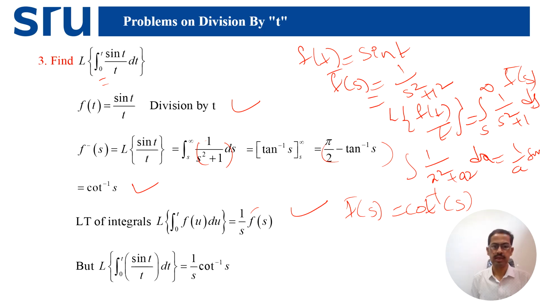Now the Laplace transform of the integral from 0 to t of sin t by t dt is equal to f bar of s by s. So 1 by s into cot inverse s.